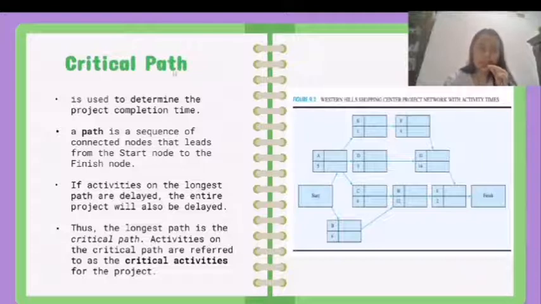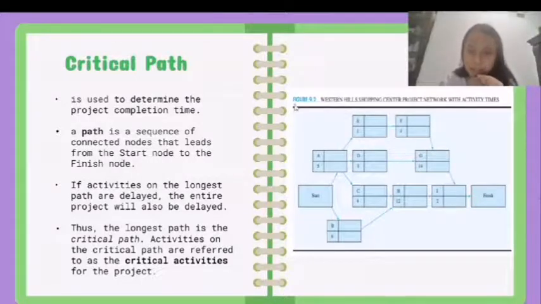Critical path. The critical path is used to determine the project completion time. Since all other activities or paths are shorter in duration, they won't affect or delay the project. A path is a sequence of connected nodes that leads from the start node to the finish node.